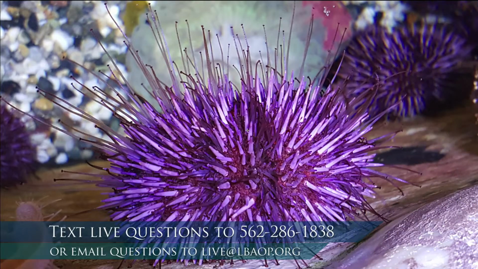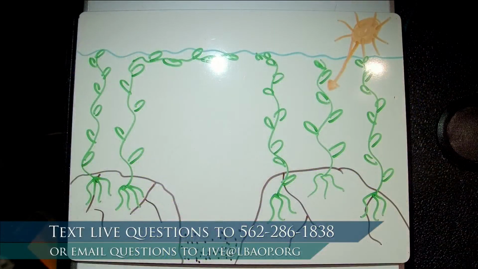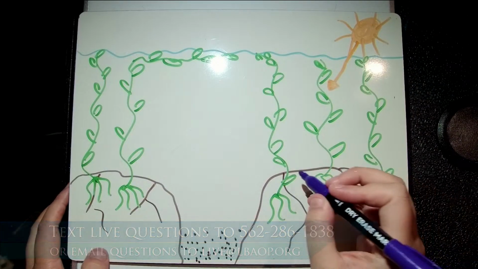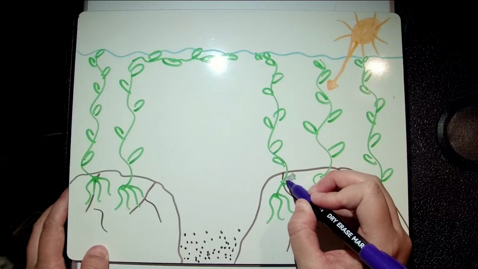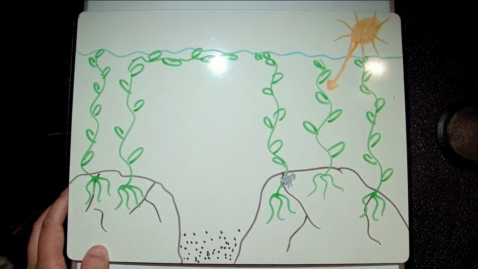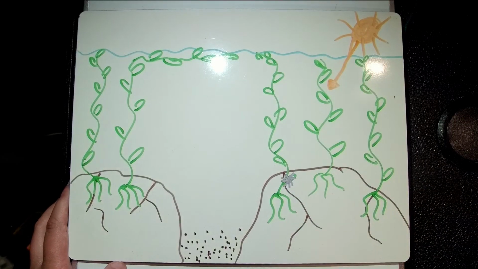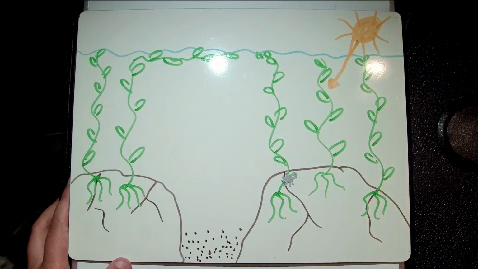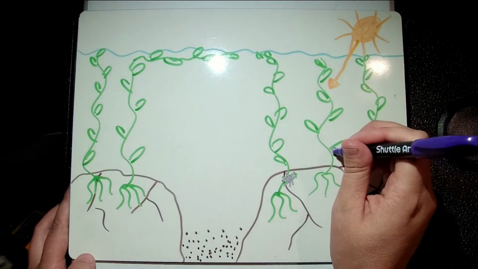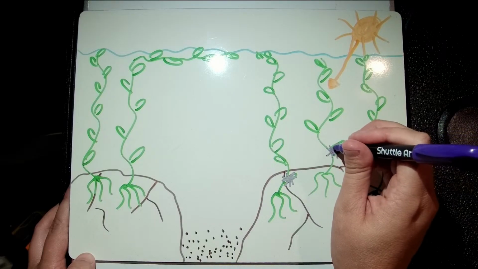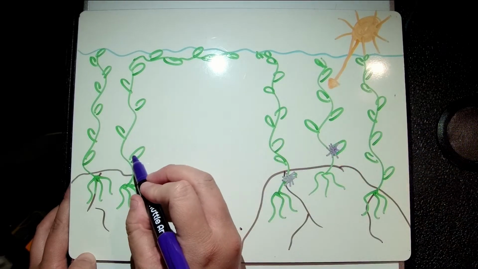Okay, let's add in our urchins. Now, there's different types of urchins. The ones that we were looking at were actually all purple urchins. But there's red urchins, there's green urchins, there's even urchins that have really thick spines. But here in our ocean backyard, we have purple, we have red. I tend to see a lot of purple.